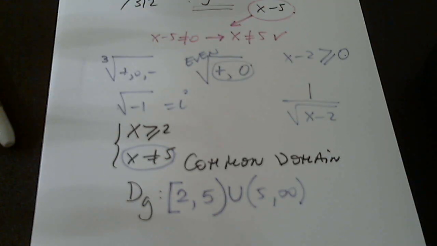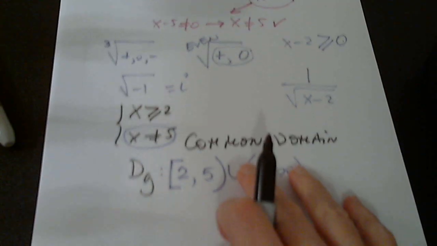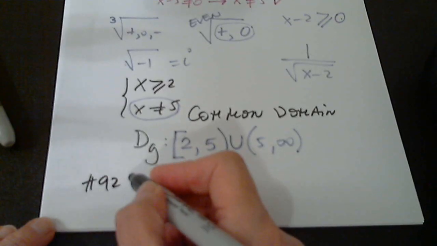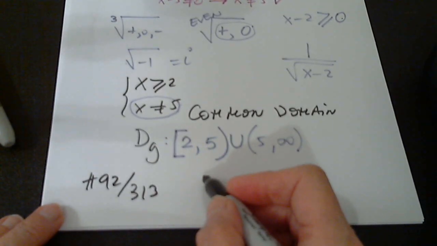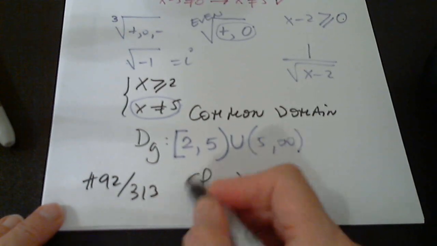Anyone would like to choose 91, 92, 93, 94? We do 92? Yes. So let me copy 92. And this is on page 313. And 92 says find f comp g of 1.